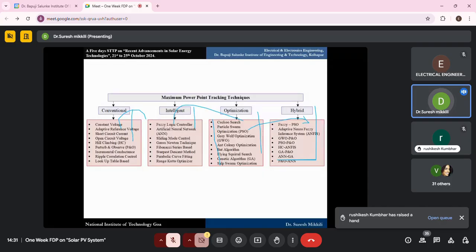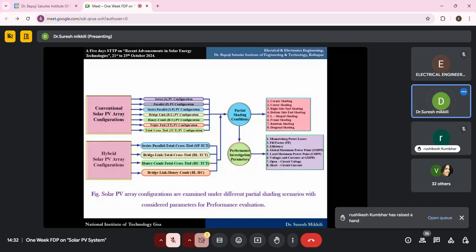So there are different maximum power point techniques which will be used when partial shading happens. If shading is there, you can't track the maximum power. To track the maximum power, we can add an MPPT technique so that we can enhance the tracking of the maximum power.